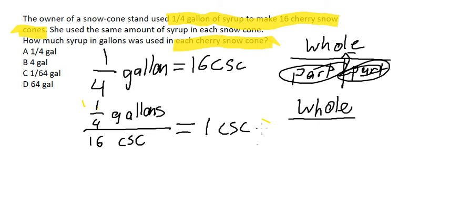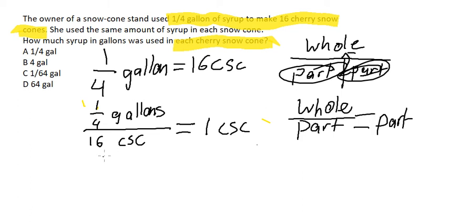And in this case, it would be the quantity or the number of cherry snow cones. So part, and from this, we would get part, which would be the amount of gallons for 1 cherry snow cone.